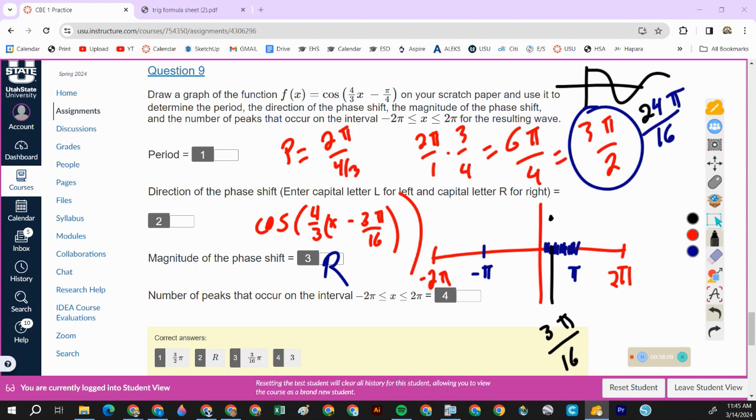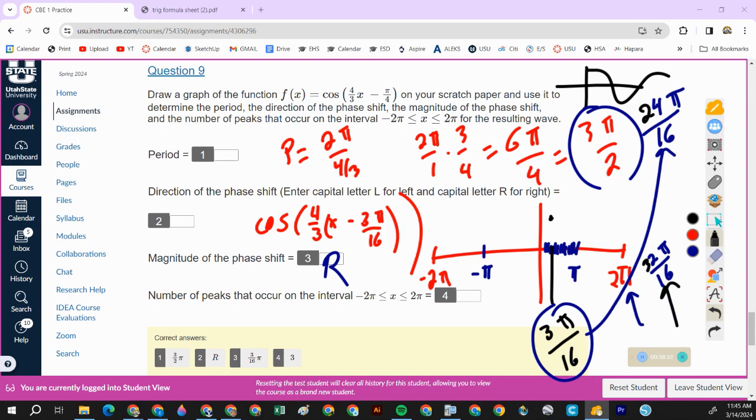If I do a full cycle, will I end before I get to 2 pi? So 2 pi would be 32 pi over 16. So if I started here and I did a full cycle, am I going to have a peak before I get to that? Yes. So somewhere right there.